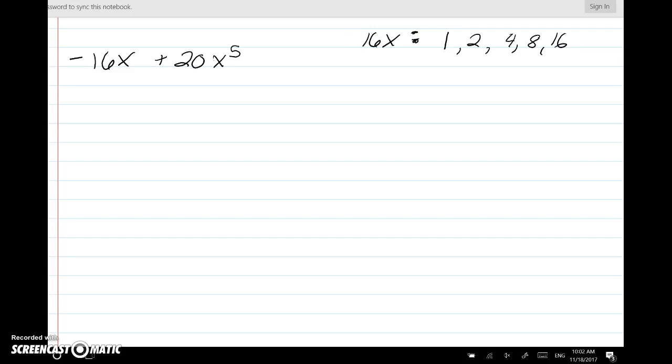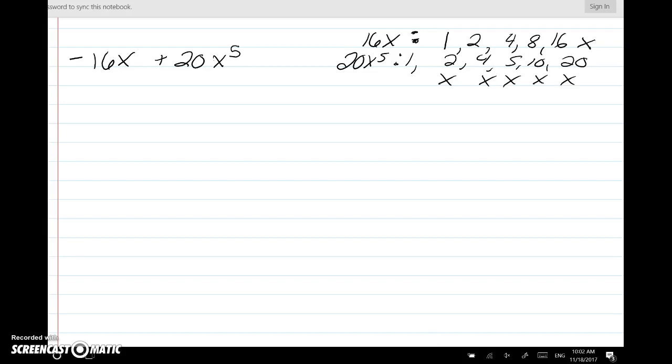And we'll get back to that negative in a second. And x. And as for 20x to the fifth, we're going to have to go on to another line for this one. It's 1 and 20, 2 and 10, 4 and 5, and 5 x's.